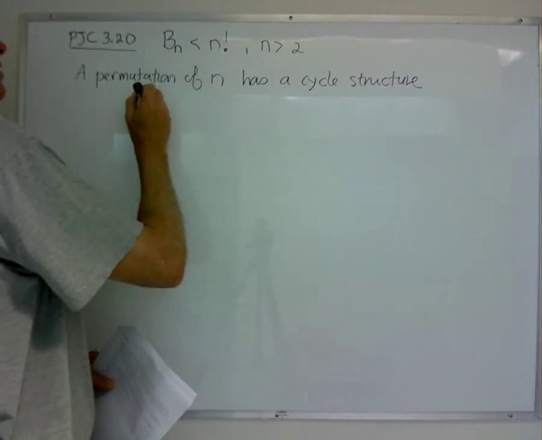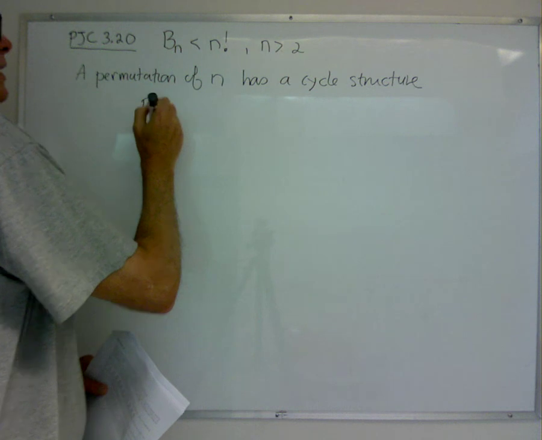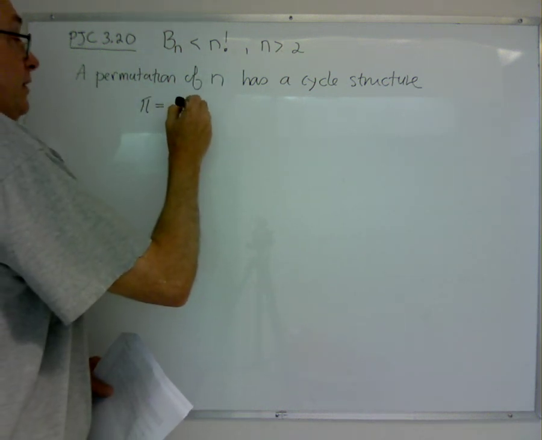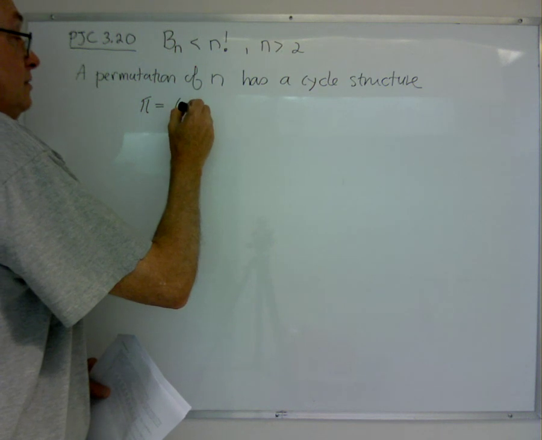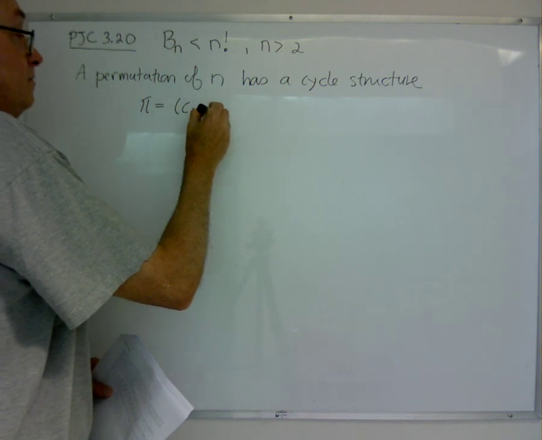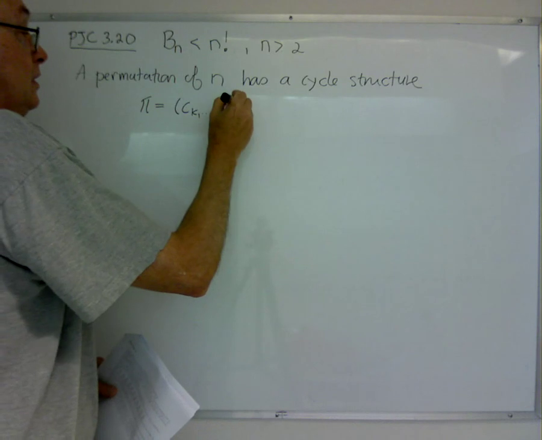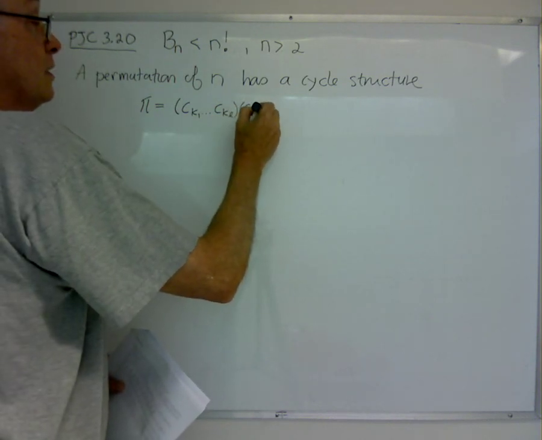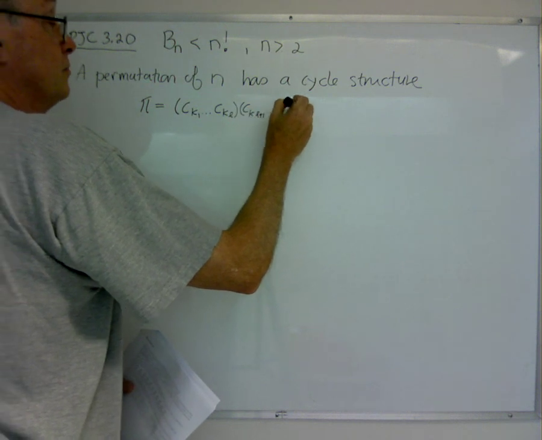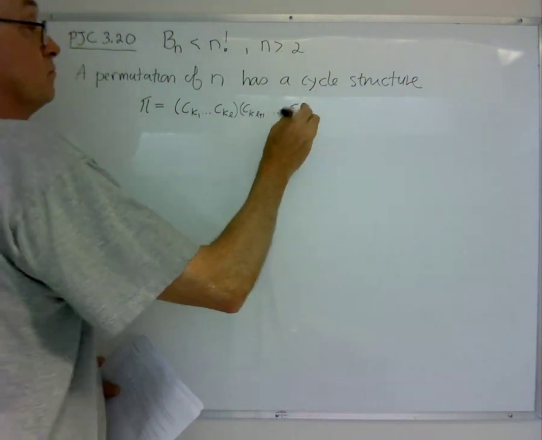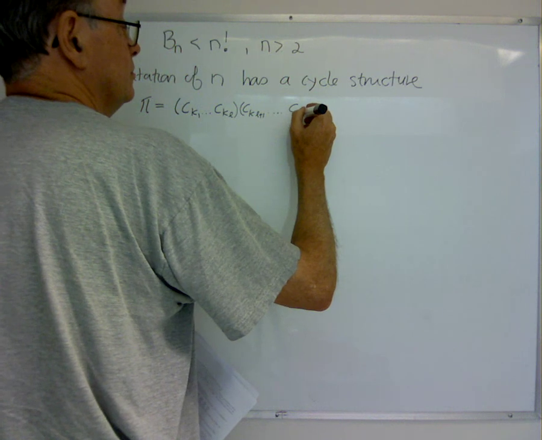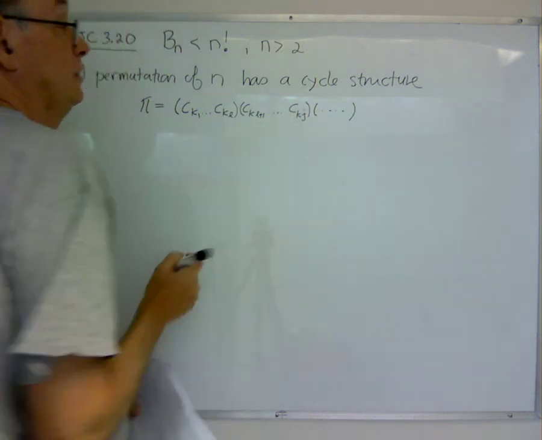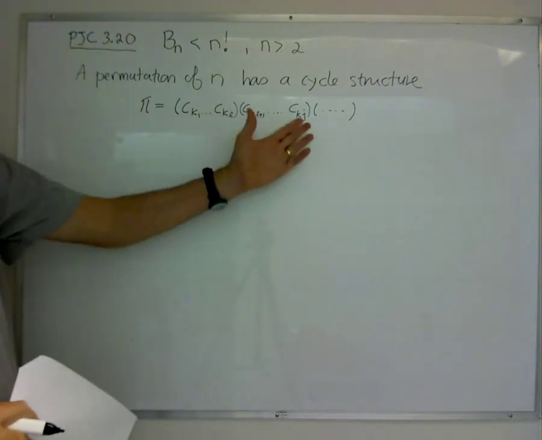Let's call the permutation pi, and there are n elements, and you can cut it up into cycles, right, as a cycle structure which looks like this.